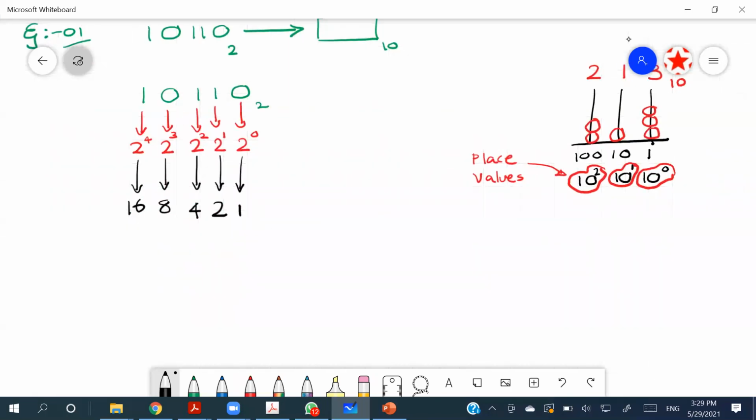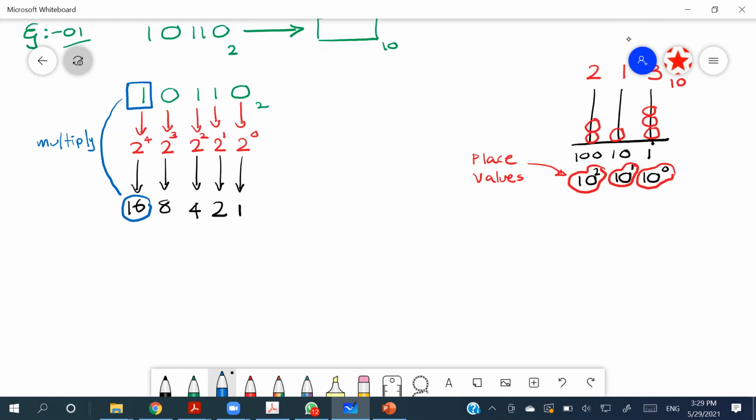Now what you are going to do is, you consider the place value and you consider the corresponding symbol value, and you are going to multiply. Right?